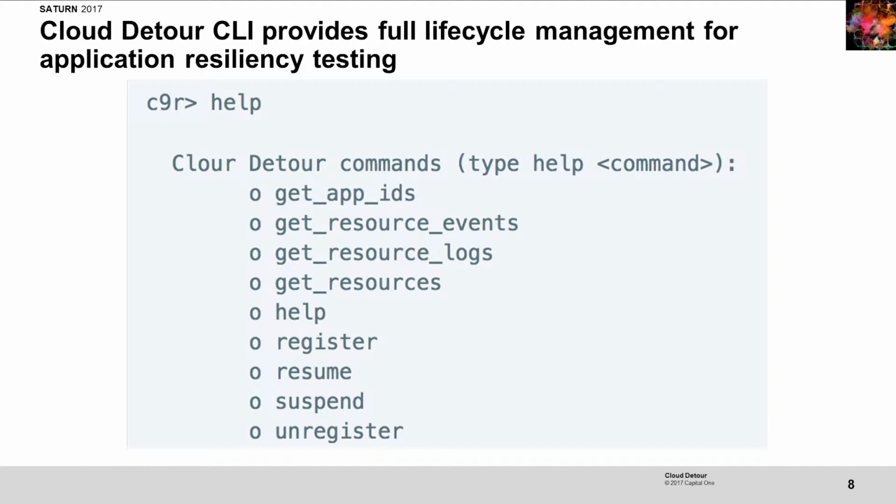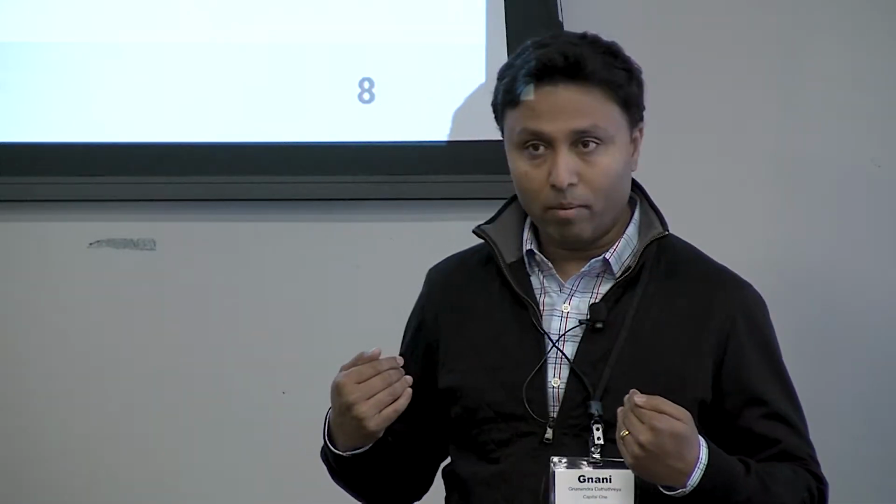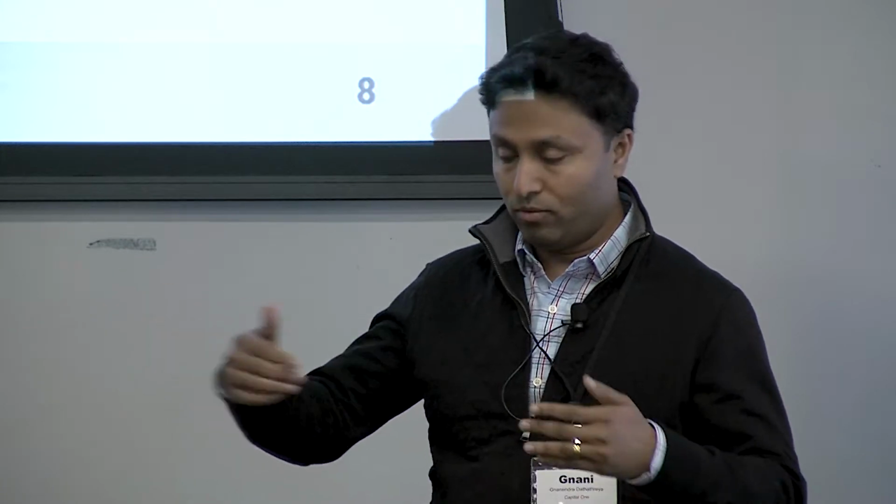You take the JSON file you prepared and you do register, giving my file. It's going to take your application request and submit it to Cloud Detour in the backend, and it's going to send a notification to the application owner saying, I got this request, do you approve? And the application owner gets an email saying approve or decline.